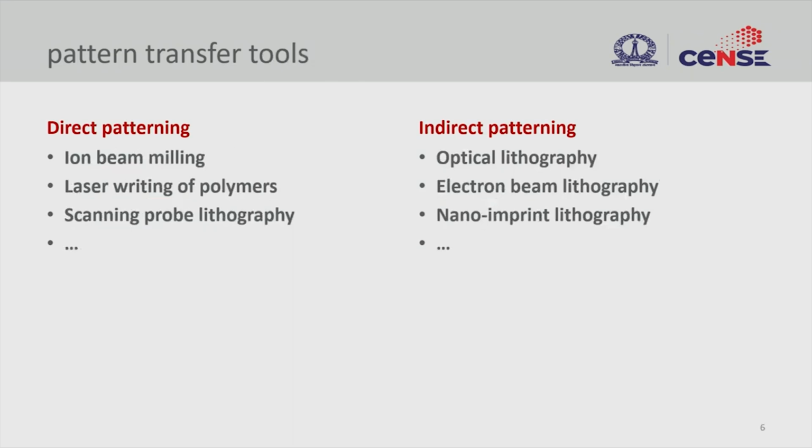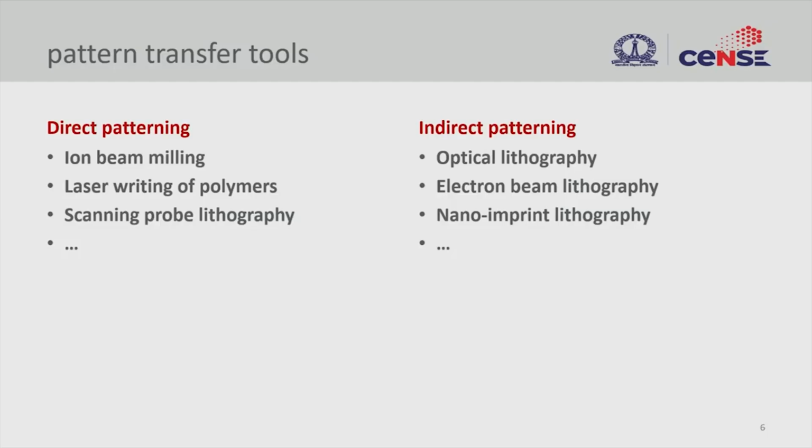So these are some of the tools we use for indirect pattern transfer. Ion beam milling, as I mentioned, we can use an ion beam in order to transfer the pattern, or use a laser. So we can use this laser, and if the material is photosensitive, in this case a photosensitive polymer, we should be able to transfer the pattern.